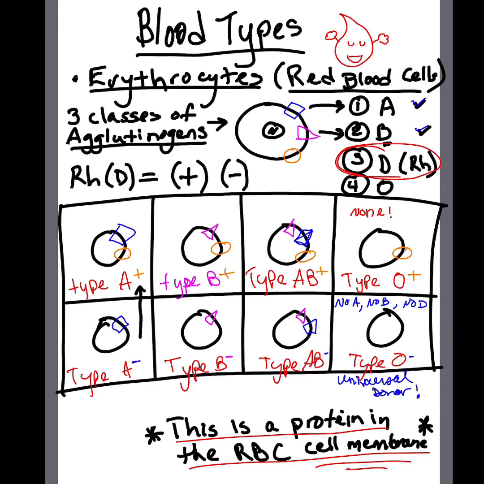However, a type A positive cannot, let me put it in red, cannot give blood to a type A negative because it will react against it. The same with type B. So a type B negative can donate blood to a type B positive, but not the other way around. The same with type AB negative. AB negative can donate to type AB positive. And then the same here, a type O negative can donate to a type O positive.